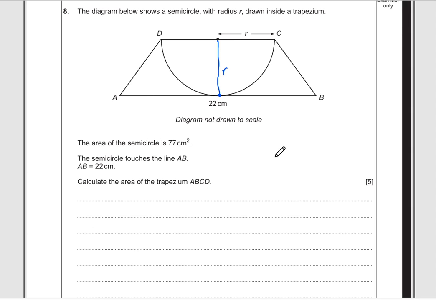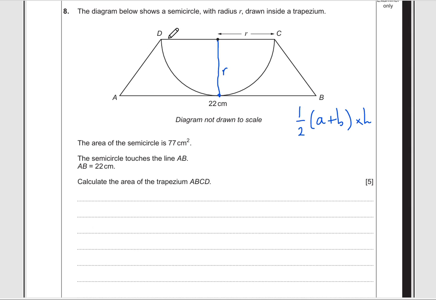So calculate the area of the trapezium ABCD. Okay, so on our formula sheet, we're told that the area of a trapezium is half (a plus b) times h. So a and b are the two parallel sides, and h is the parallel height between them.